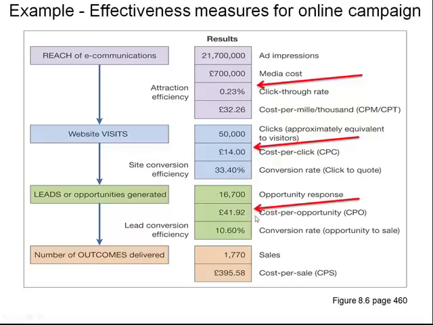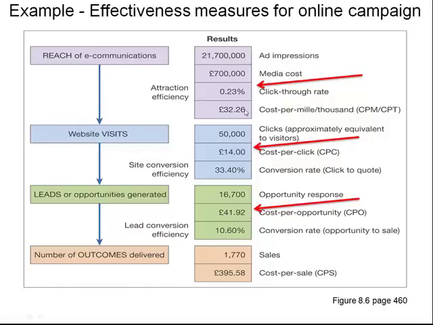Now the next thing that you would take a look at is your cost per opportunity. Now that's based on your opportunity response, which is basically leads that are generated or sent to, in this case we'll talk about a Volt, to dealers. So I spent 700,000. I sent this many leads to dealers, and each one of those leads costs $41.92.